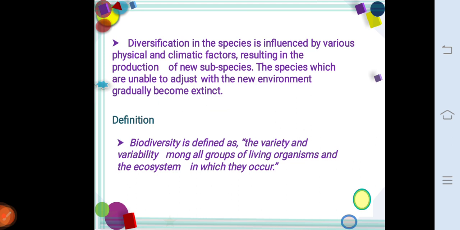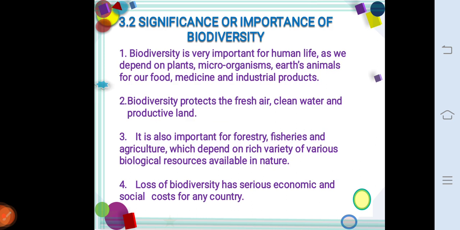Within individual species, there are a number of varieties which are slightly different from one another. These differences are due to differences in the combination of genes. Genes are the basic units of hereditary information transmitted from one generation to another.